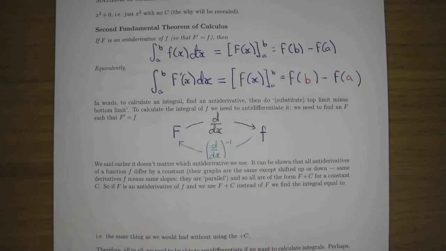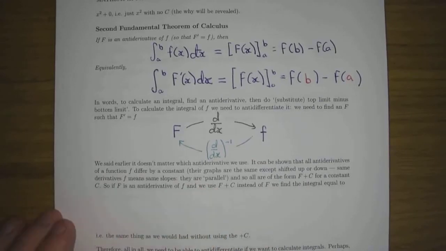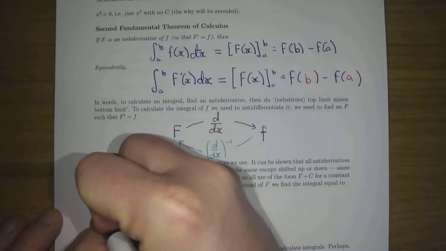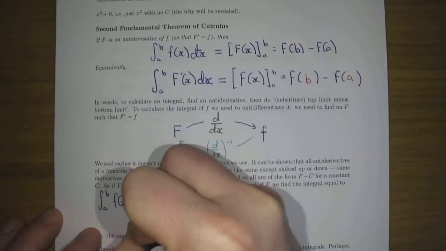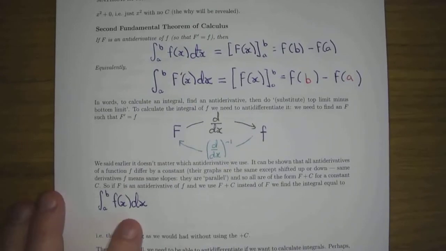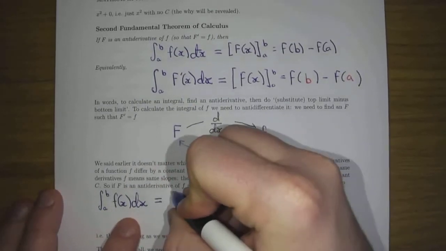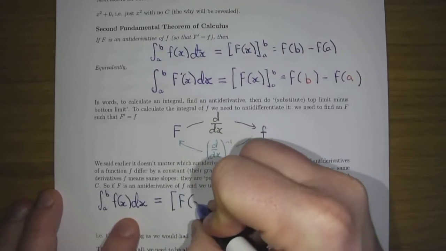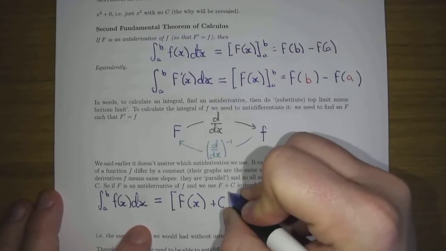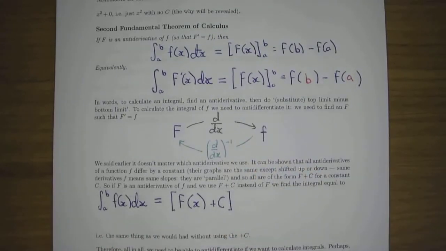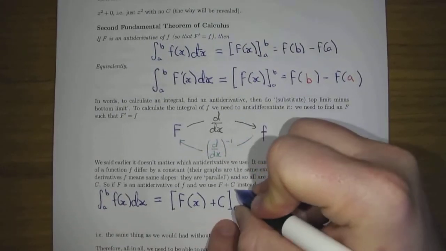So we'll just show what happens if you use big F. Suppose you are integrating f of x. Let's say big F is the antiderivative, and we said that little f has loads of antiderivatives. They're all equivalent. So suppose you use one with a plus c instead of a different particular one. Look what happens here.